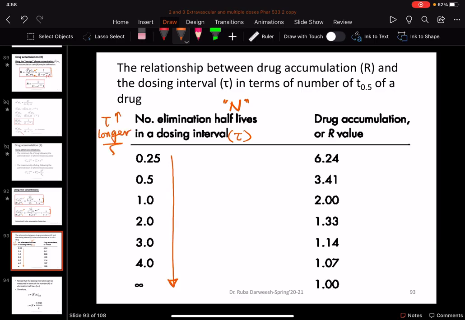It means that the frequency of the drug administration is less, which means that I'm giving more time for my drug to be eliminated, which means that the C max and C min for each dose at steady state are less, which means that the drug accumulation is decreasing. Okay?